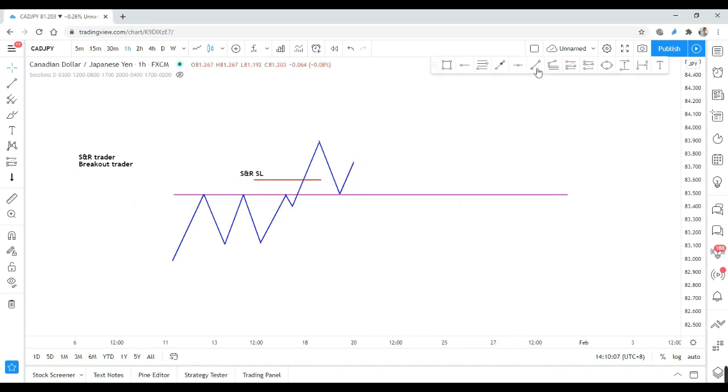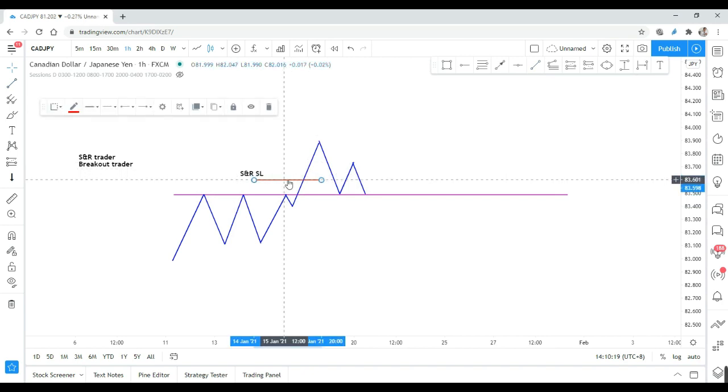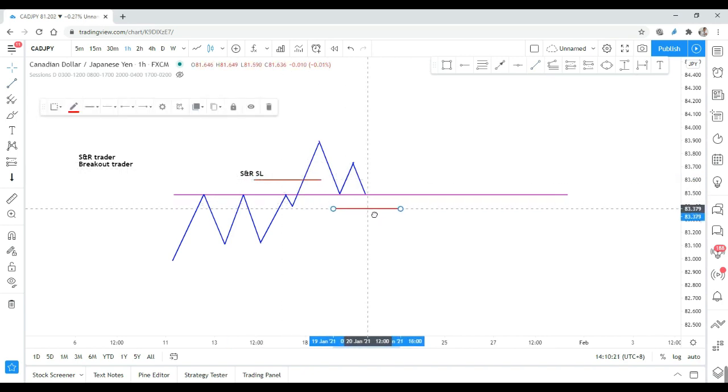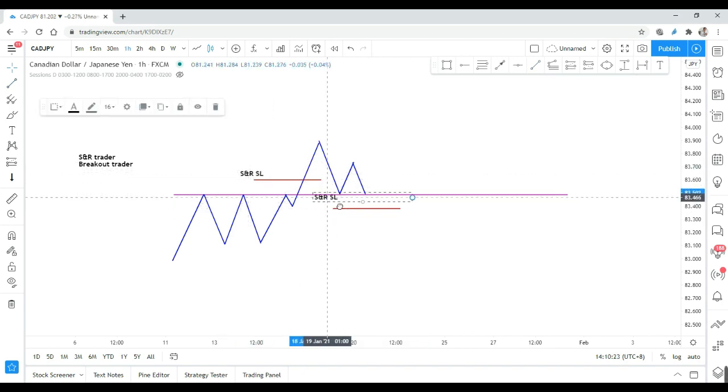So instead of waiting a few more times, they will place a buy order when the price reaches here, and their stop loss will be around this area. Hope you agree, always trade with a stop loss.